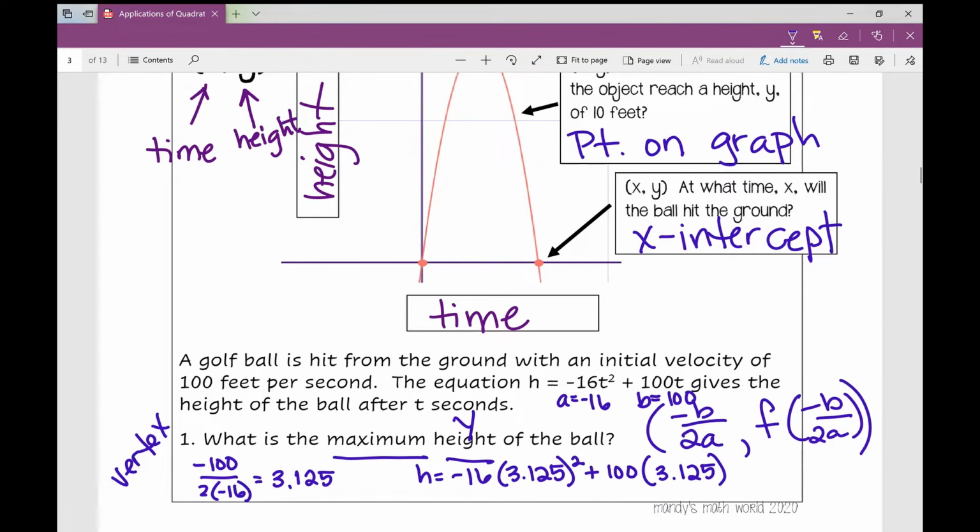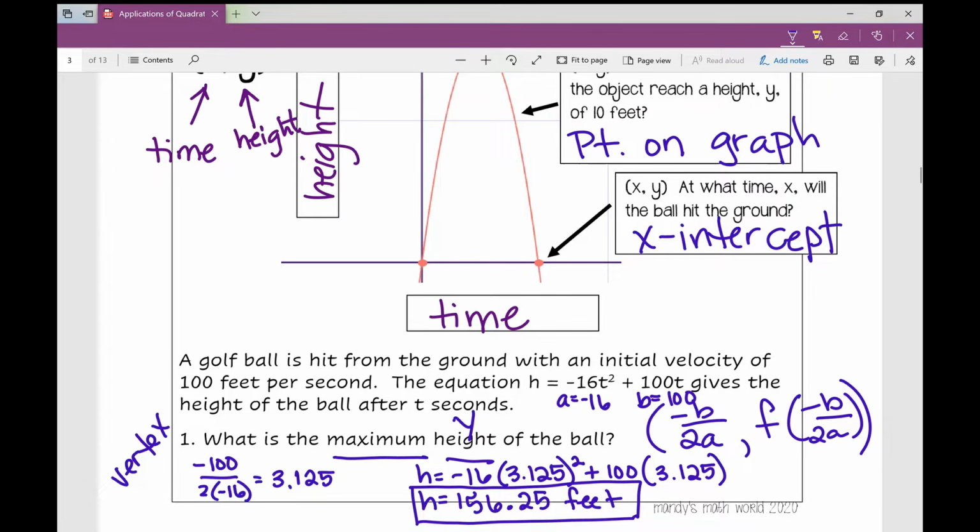I'm just plugging this value in for x, or for t, and I get 156.25, and I know that that's my answer right here because I'm looking for the maximum height.